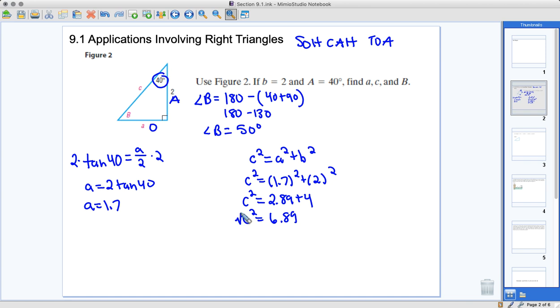Then square root both sides, so you get 2.62. Hopefully we all remember this. We're going to do a couple more problems just to get back in the swing of things. We're going to do some story problems.